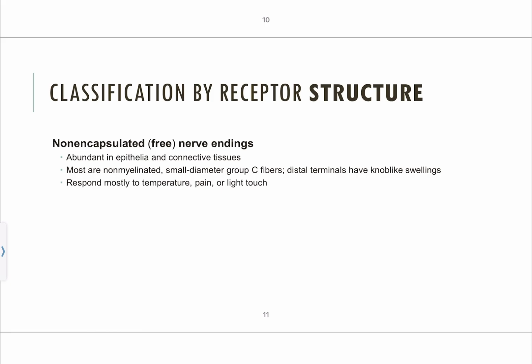So they're pretty much everywhere in our body. Most of them are non-myelinated, really small diameter. So non-myelination and small diameter means that they are group C fibers. Their endings, the axon terminals, have swellings on them that look like knobs. And most of these non-encapsulated free nerve ending receptors are going to respond to things like temperature, pain, or even touch.